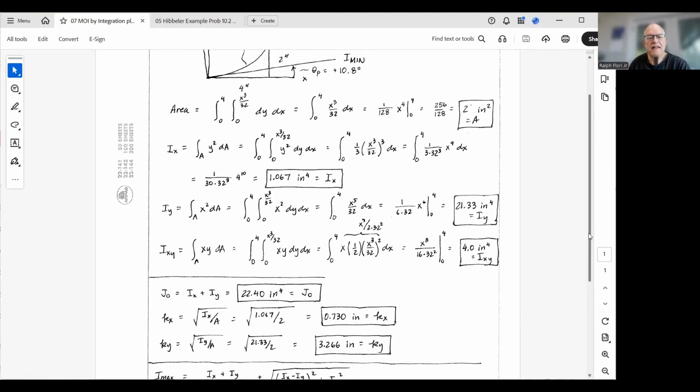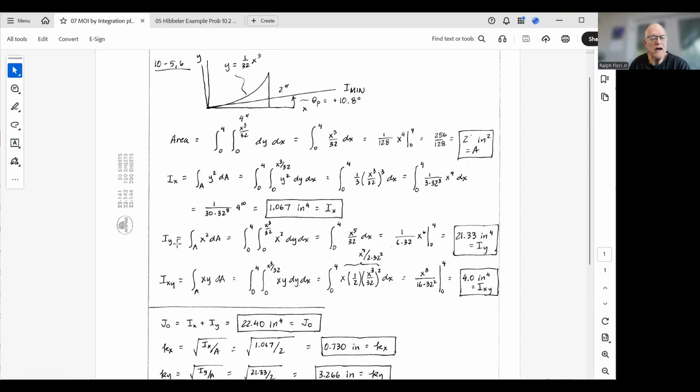But now we're going to take the Ix, the Iy, and the Ixy, and we're going to find the rotated coordinate system at which there's an Imin and there's an Imax. And these formulas we're going to develop here very soon. But again, I'm looking forward to show you one of the reasons why we're finding Ix, Iy, and Ixy.